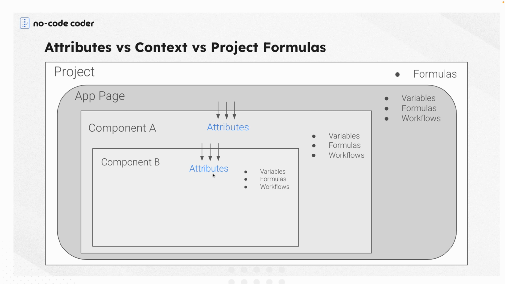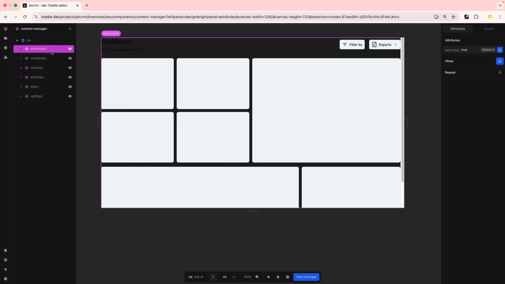And if we look back in Toddle, we can see that we're going to have to pass that dark theme into all of these. Each one of these is going to have that dark theme attribute, and then anything that's nested within that is going to need to have that dark theme. So you can imagine we're going to go all down these different levels of components, passing that attribute all the way through.